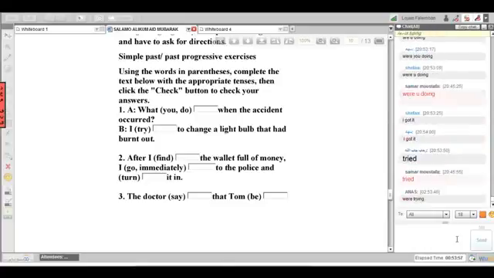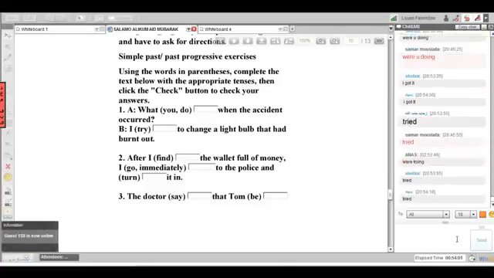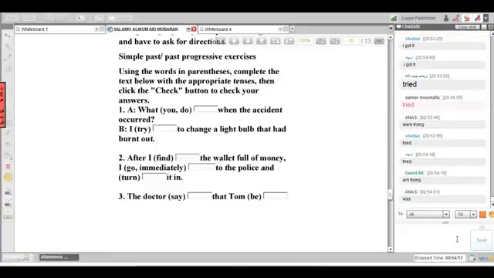We have a big one in here. Can you see it? This one. Can you see this one?